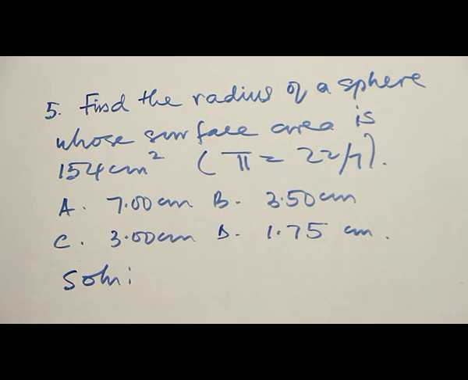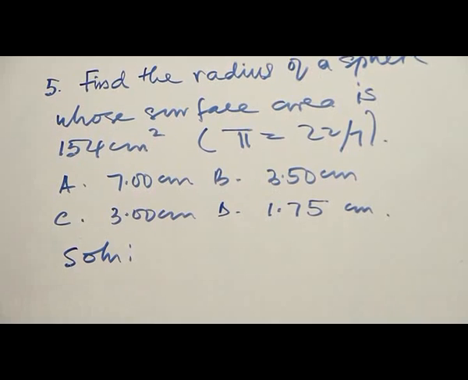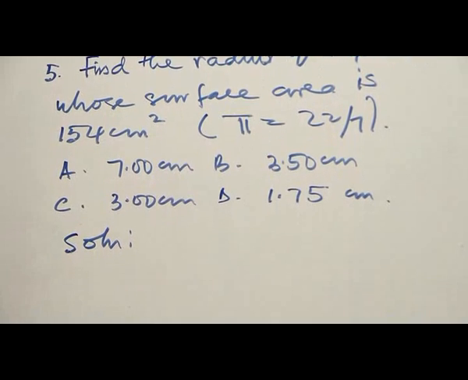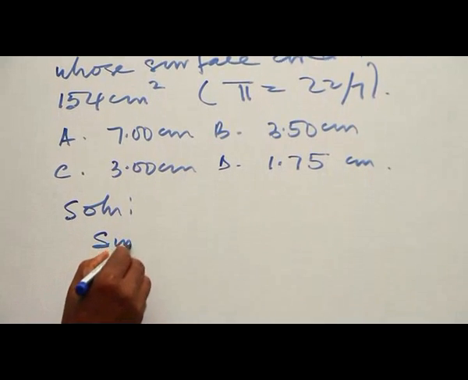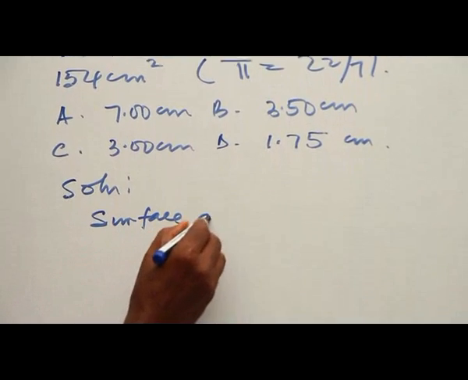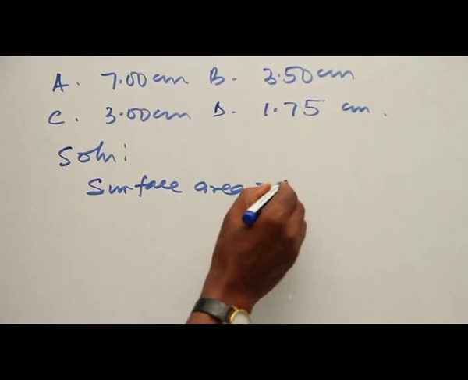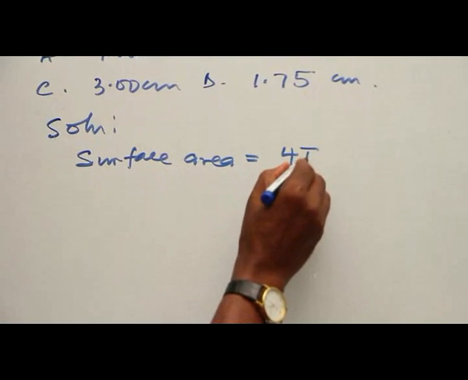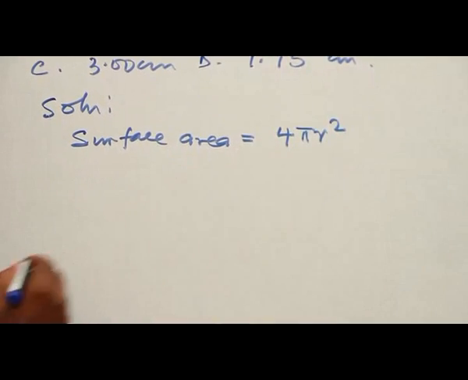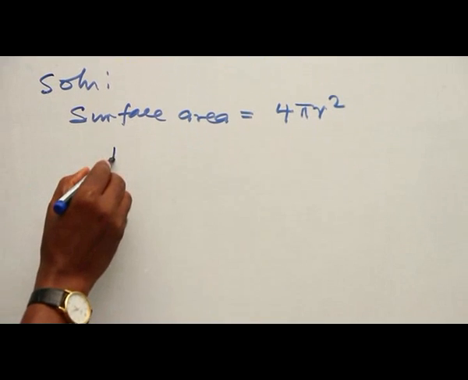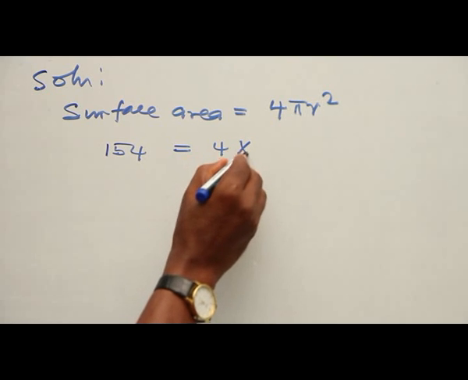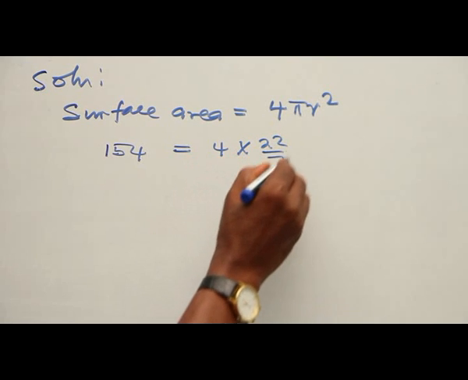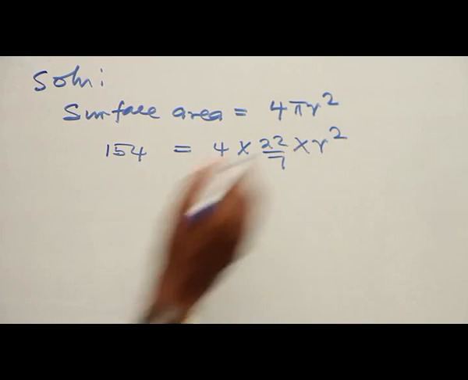Our solution. We are told to find the radius of a sphere, and the surface area is given to us. The surface area of a sphere is 4 pi r squared. If the area is 154, that will be equal to 4 times 22 over 7 times r squared.